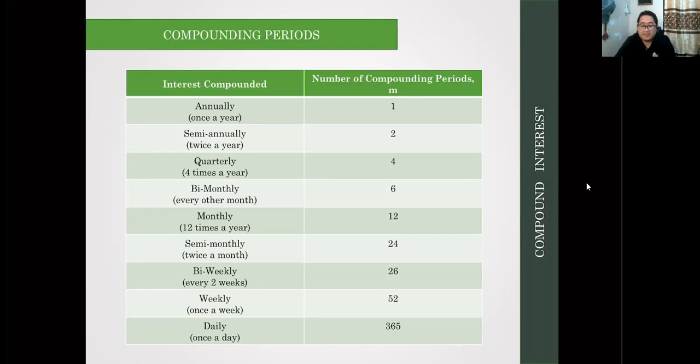Then semi-monthly means twice a month. So that's the difference between bi-monthly and semi-monthly, so we don't get confused. Semi-monthly, twice a month, so 2 times per month times 12, that's 24.